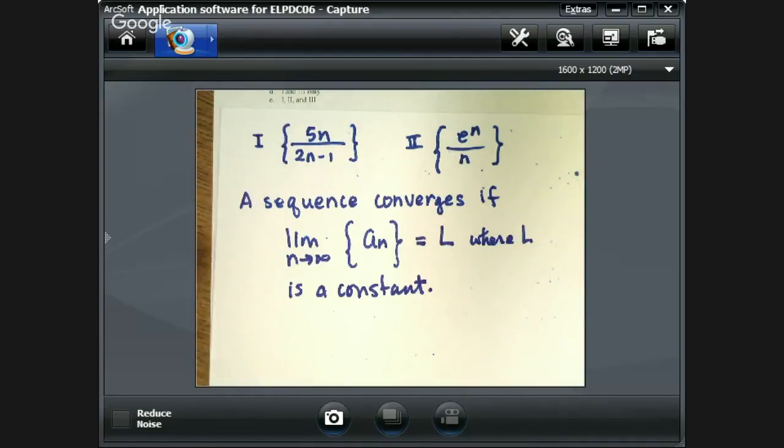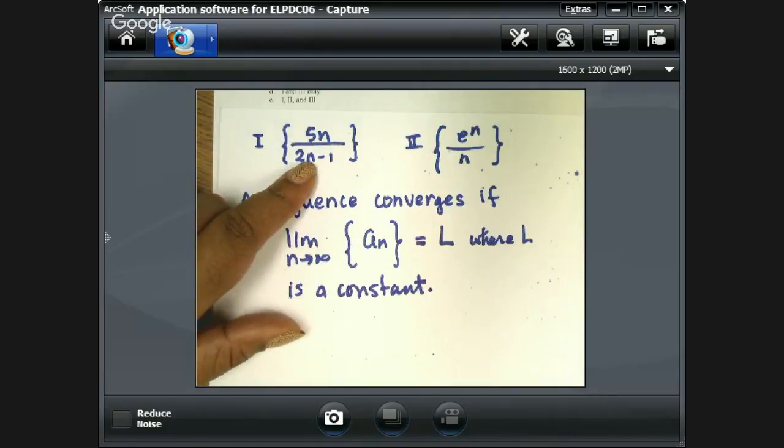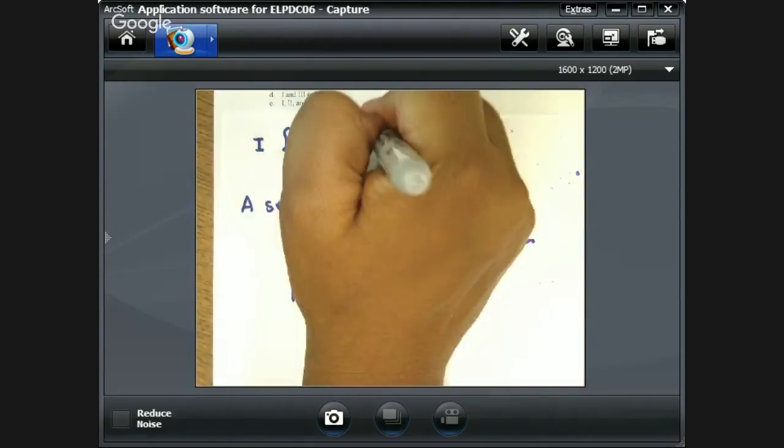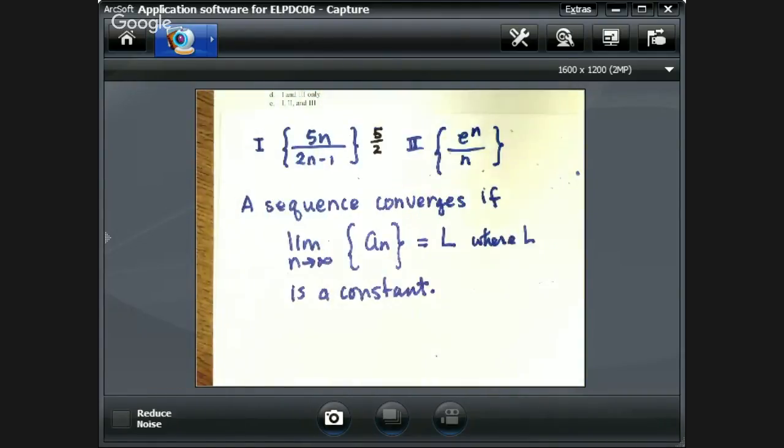Well, if I look back up here, if I take the limit as n approaches infinity of 5n over 2n minus 1, that limit's going to be 5/2. So that converges to 5/2.